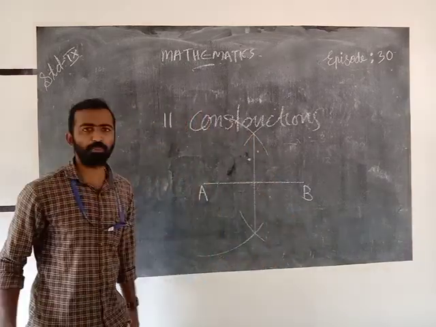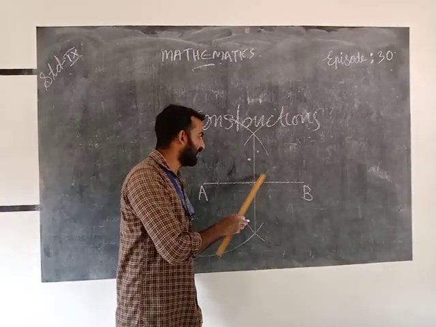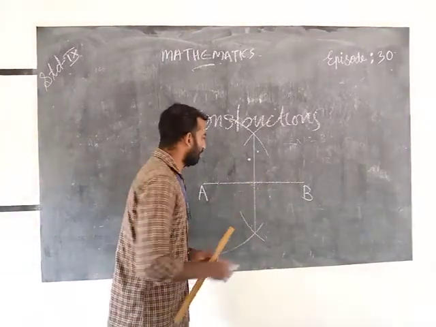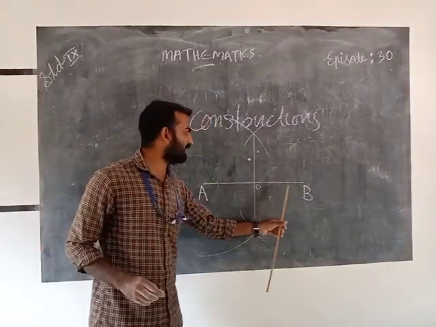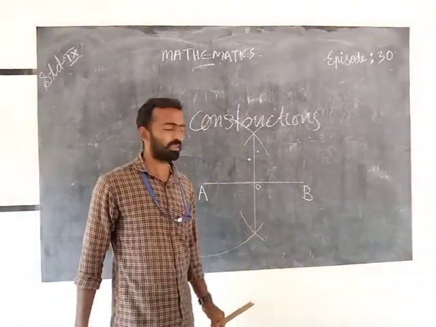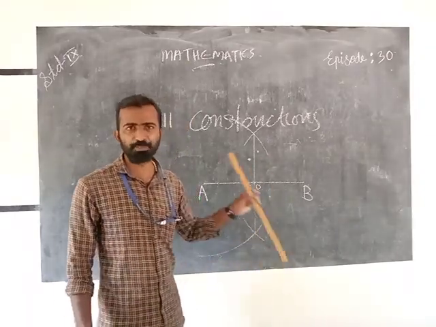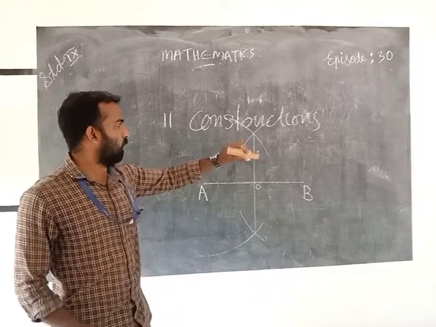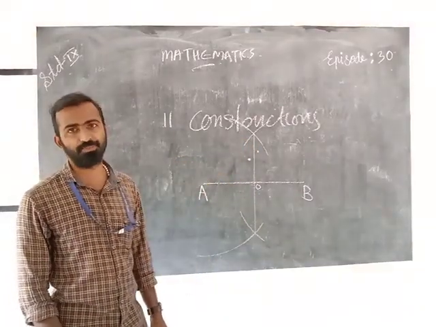This is the perpendicular bisector. When we measure this angle, we get 90 degrees, and we name the intersection O. The lengths of AO and OB are the same. This is the process of drawing the perpendicular bisector of a line segment.